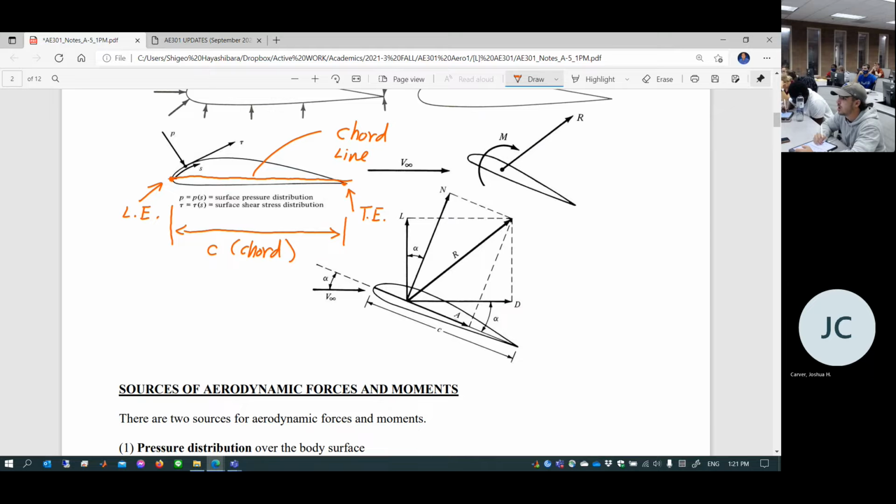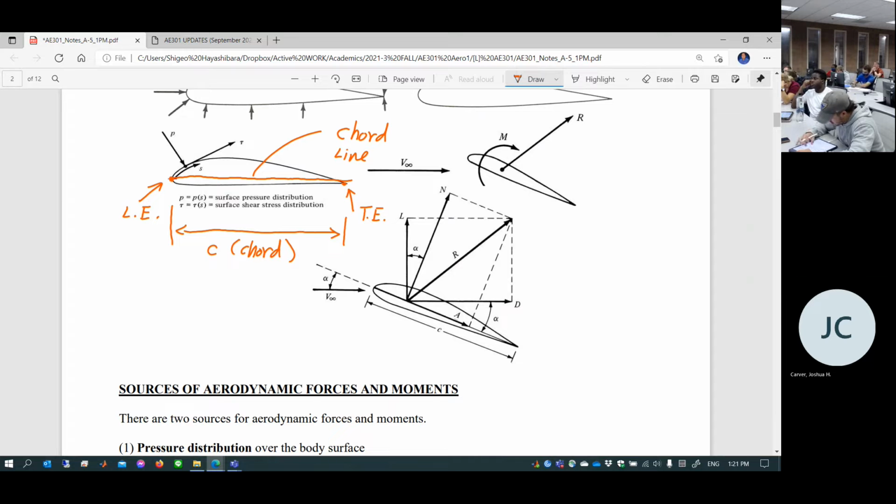Now, let's say you choose this arbitrary location. This is the resultant force. This resultant force can be resolved into any two directions. It's vector calculus. If you resolve this resultant force into the direction of the chord and the direction perpendicular to the chord, it's called axial force and normal force.